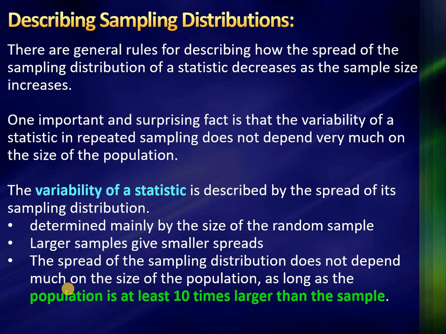Because the folks that you are not getting to are going to have some sort of common trait. There's going to be a reason why you don't have these people. It's a lot harder to be absolutely representative if you go over 10%, because of the idea of drawing without replacement.